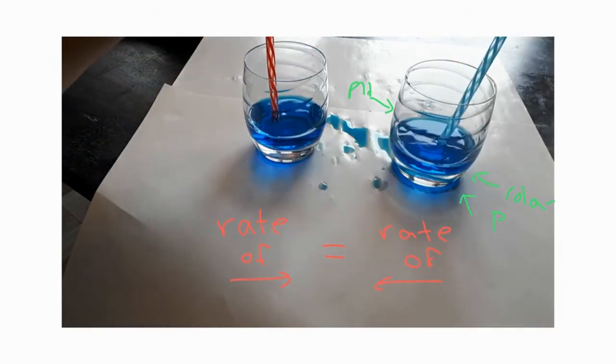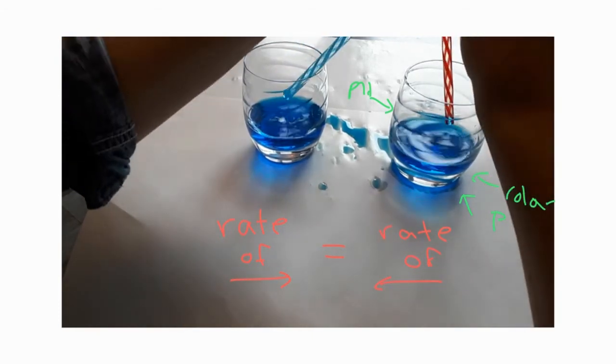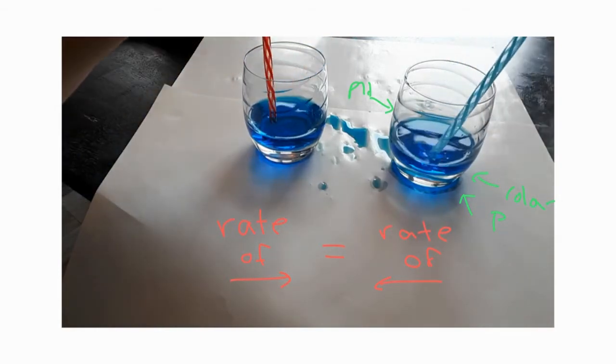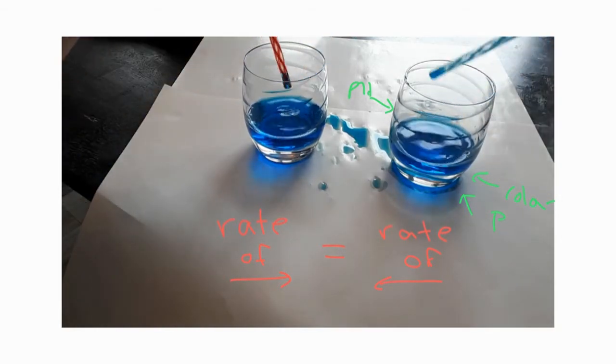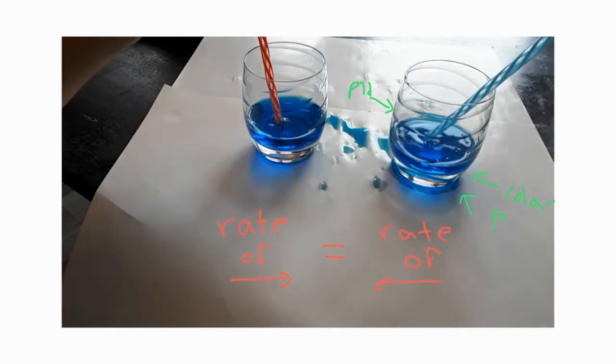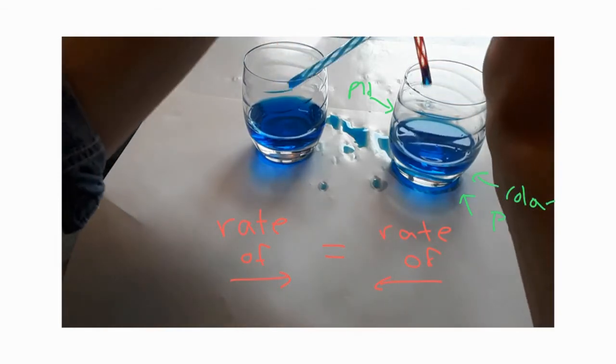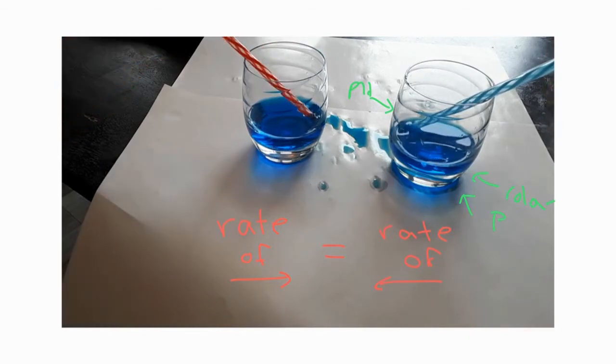If you were to zoom in to the molecular level, you would see that this chemical reaction is still occurring. So my reactants become products, as my products become reactants. This doesn't stop. However, because these rates are the same, as observing from the outside, everything looks like it's not changing. That's chemical equilibrium. So a reversible reaction that is dynamic, so it doesn't stop.